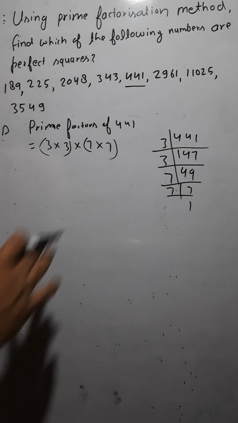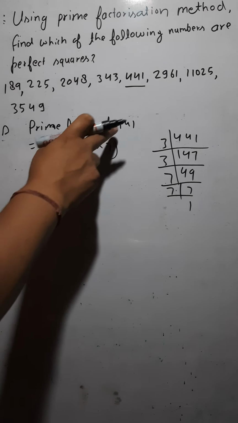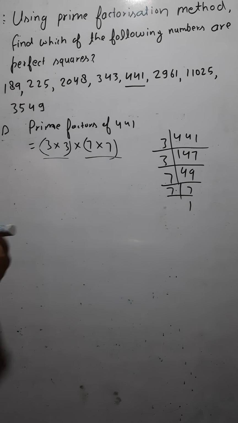If all the factors are in pairs, then if you see, 441 has equal pairs of factors. You have the pair of 3 and you have the pair of 7.